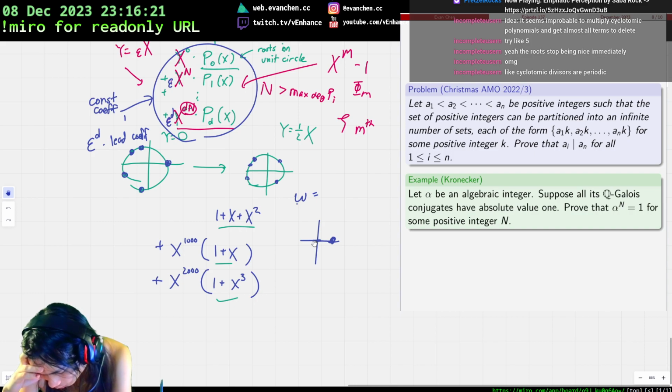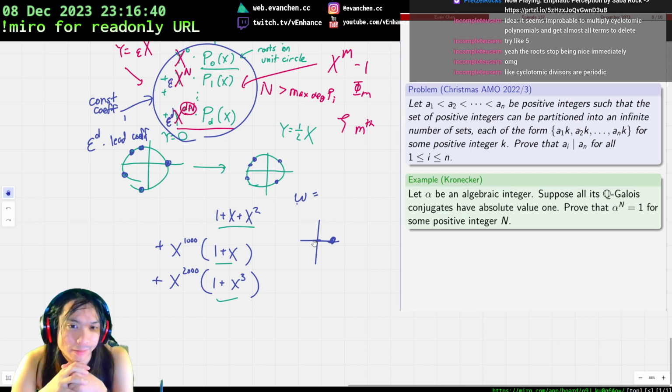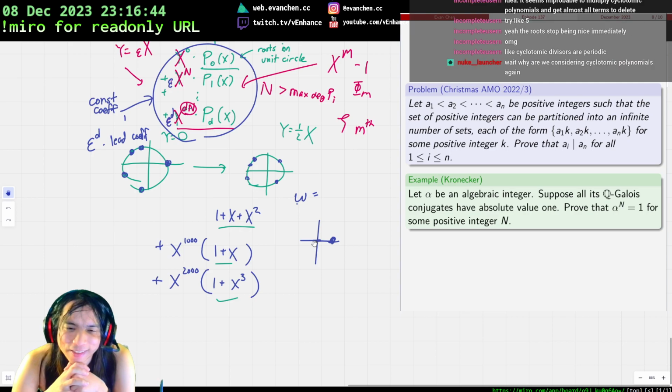Why is it that this can't plausibly always have cyclotomic roots? Or I can bring back the epsilon.